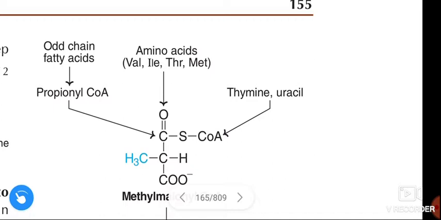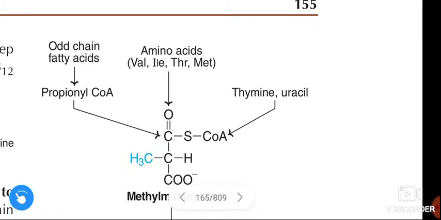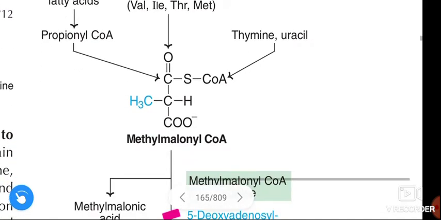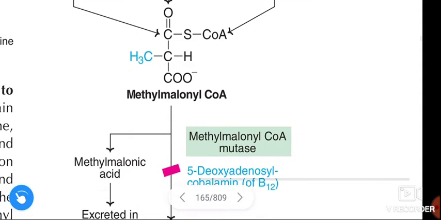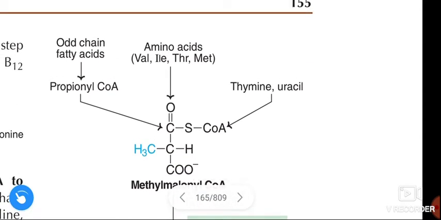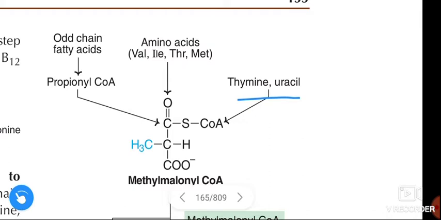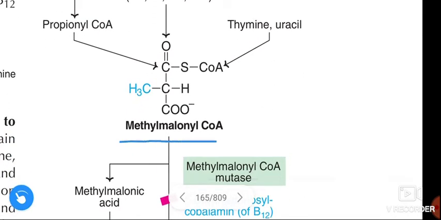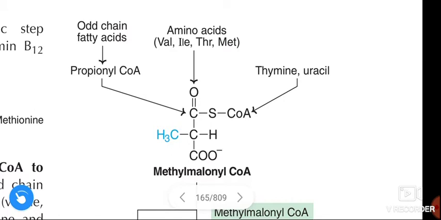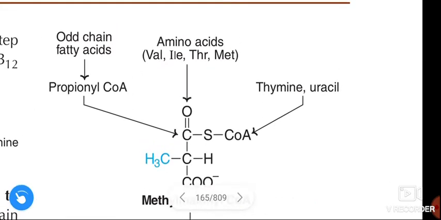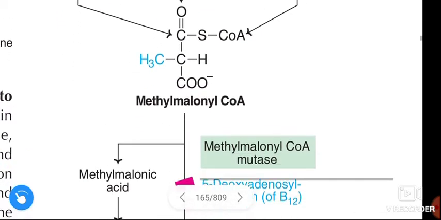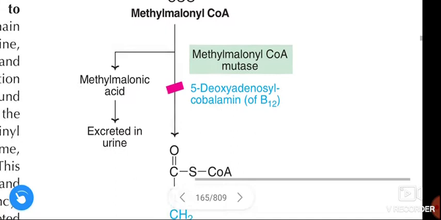The degradation of fatty acids and amino acids like valine, isoleucine, threonine and methionine, and pyrimidines like thymine and uracil produce an important compound called methylmalonyl-CoA, either directly or through a mediated compound called propionyl-CoA. Again, this methylmalonyl-CoA converts to succinyl-CoA.